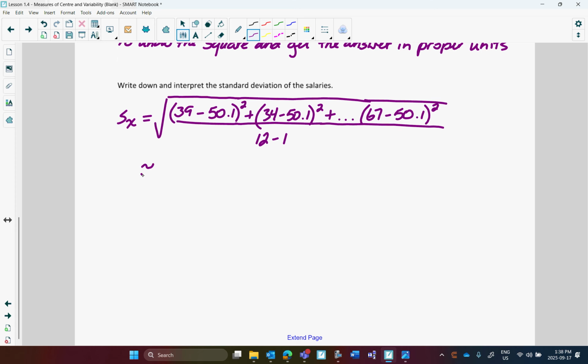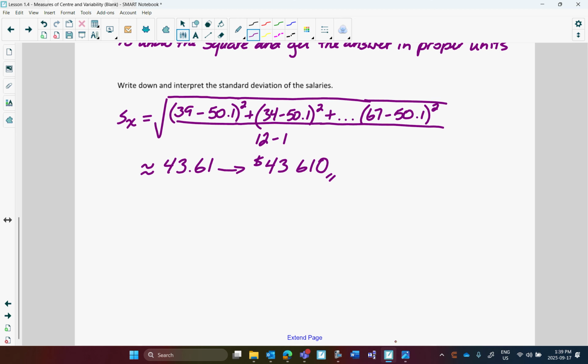The answer works out to approximately 43.61. Remember, measures of spread, like range and standard deviation, need units. The units in this example we're working with in this lesson is money in thousands of dollars. So our approximate standard deviation would be that.